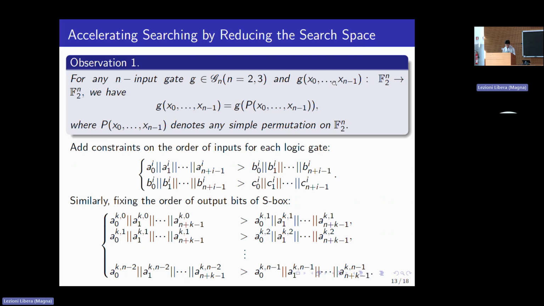Besides that, since two Xboxes in the same bit permutation equivalent class share the same cryptographic properties and the area, there is no need to distinguish the order of output bits. So we fix the order of output bits of the Xbox.